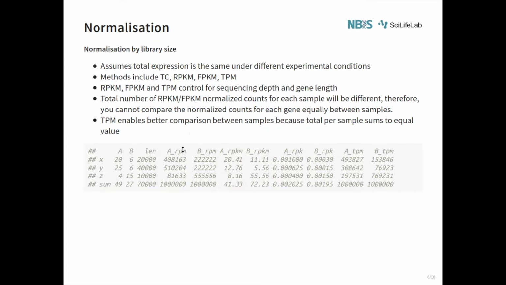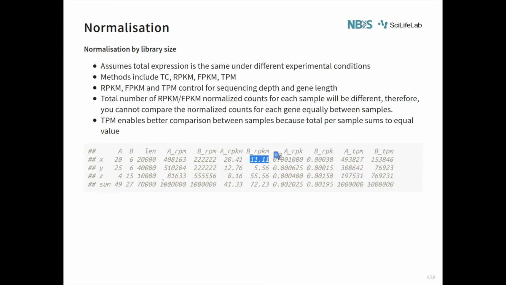You first compute reads per million, and then you divide by the length, and then you get RPKM. One of the drawbacks of RPKM is that when you sum them up, they don't sum to the same quantity, so they differ. This means the proportion of each gene is different, which makes it a little bit hard to compare this 20 to this 11.